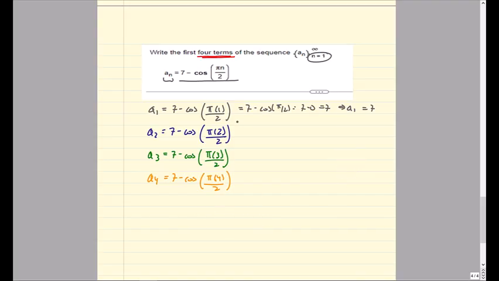Okay, our next term, this would be 7 minus cosine. Now here the 2's cancel and I'm left with the cosine of pi. And the cosine of pi is -1, so I have 7 minus a -1, which is the same as 7 plus 1. So a sub 2 would equal 7 plus 1 is 8.